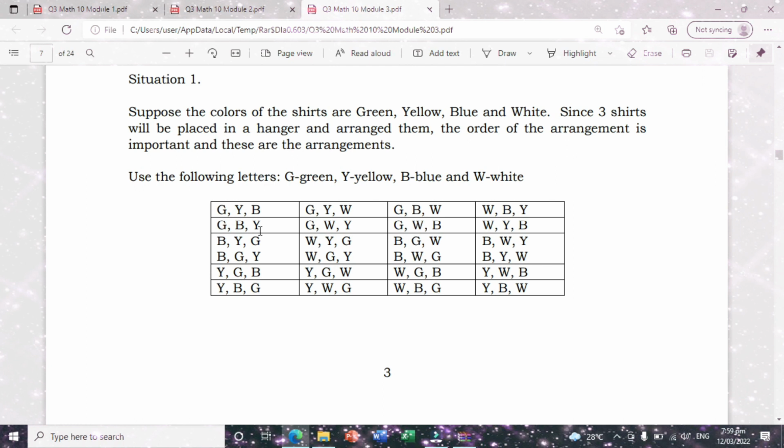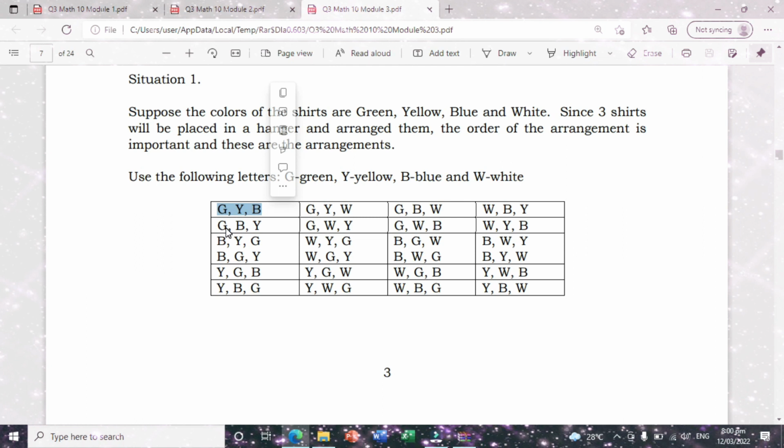Tapos yung pangalawa, blue. Tapos yung pangatlo is yellow. So, ang question, pareho ba yung dalawang arrangement natin?